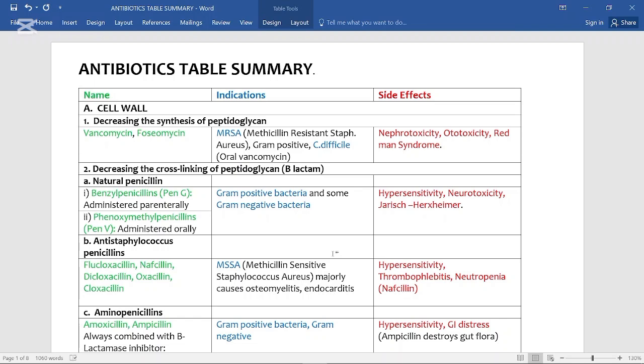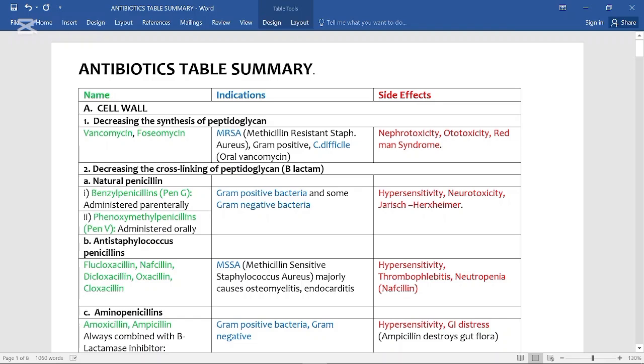You just have to look at key areas like the cell wall, and we looked at the antibiotics that work on the cell wall, those that decrease the synthesis of the peptidoglycan layer. These are vancomycin and fosfomycin, which are very good against MRSA, and also good against C. difficile, like oral vancomycin.